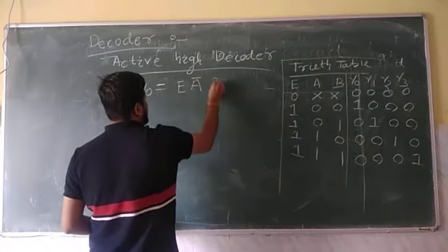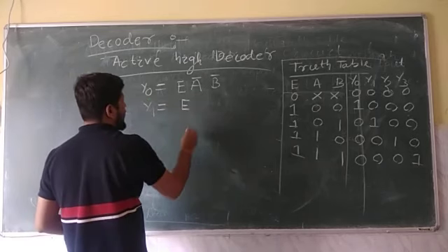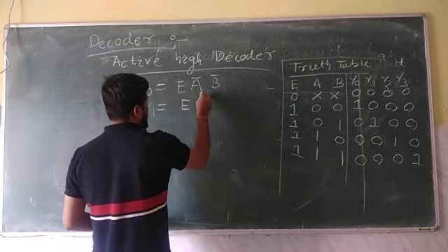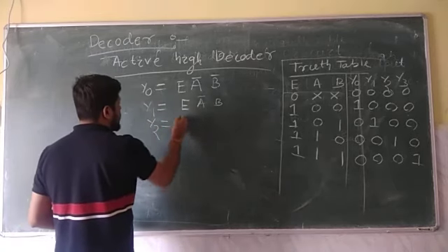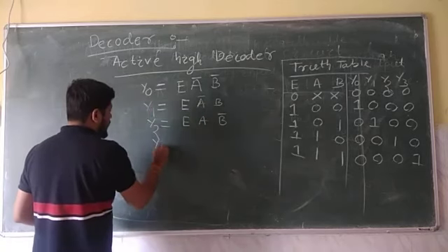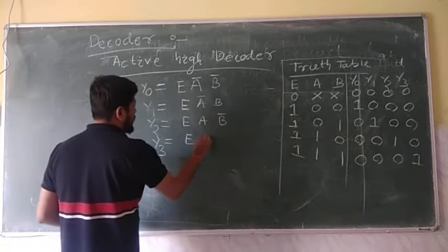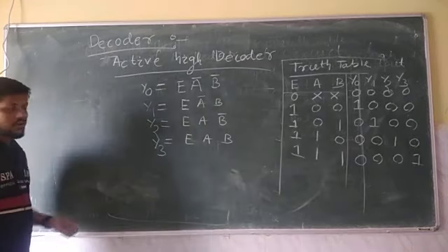Y1 is similarly E, meaning enable, A bar B. Y2 is equal to E A B bar. Y3 is equal to E A B. So this is your logic expression.